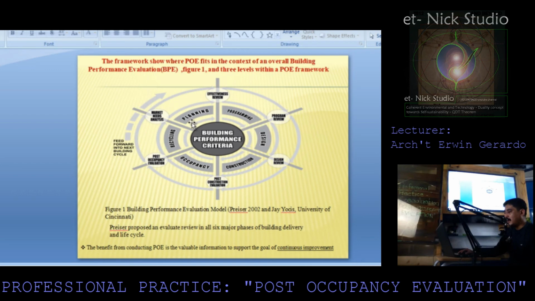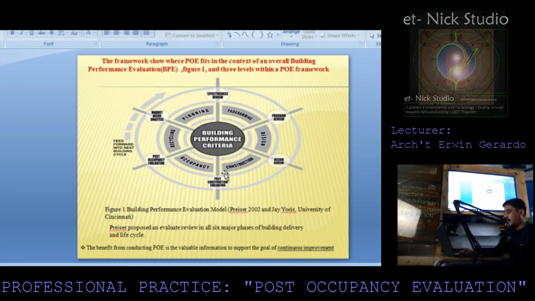It starts with the planning phase: market needs analysis, then eventually effectiveness review. Then we proceed to the programming phase. From the programming phase, we have program review, eventually the design or the design review phase, after which construction proceeds. Then gradually we need to determine the post construction evaluation.